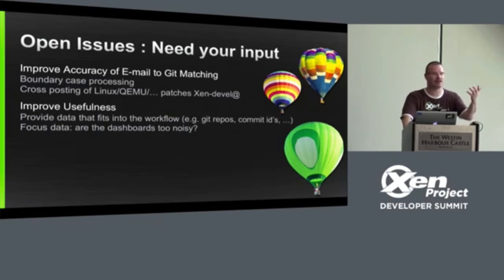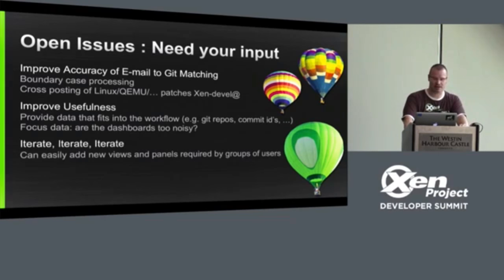I want to make sure that the UI and everything is more useful, and for that I need your feedback. And it's actually very easy to add new customized views, which just have data which you guys care about. But I think it's useful for predicting how long it will take for you to get patches in, to track things. I think it's also useful for maintainers and committers.